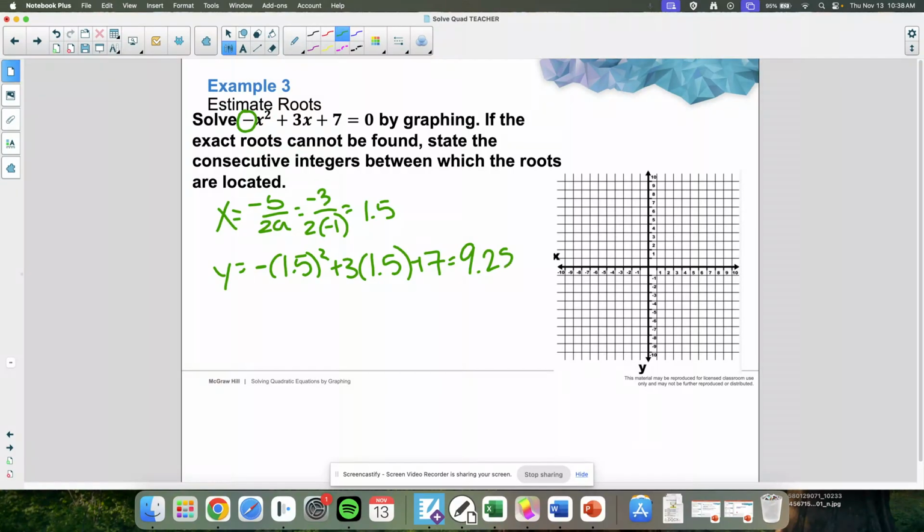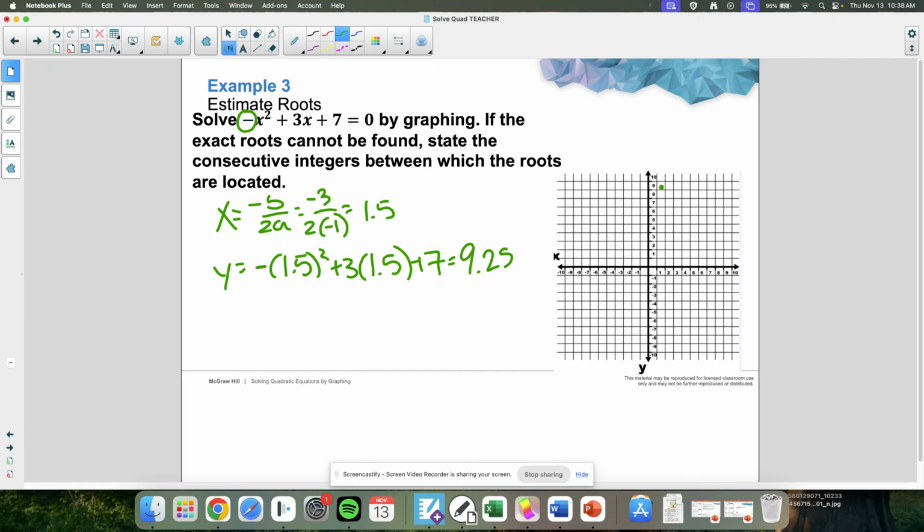We did a couple of graphs like these in our other unit. So our vertex is at 1.5, 9.25. So it's not on a corner, it's just kind of floating in the bottom portion of that box in the middle. Now our side pattern. With that negative in front, are we going to count up or count down? Down. And when you count down, you just do your best to keep that spacing.